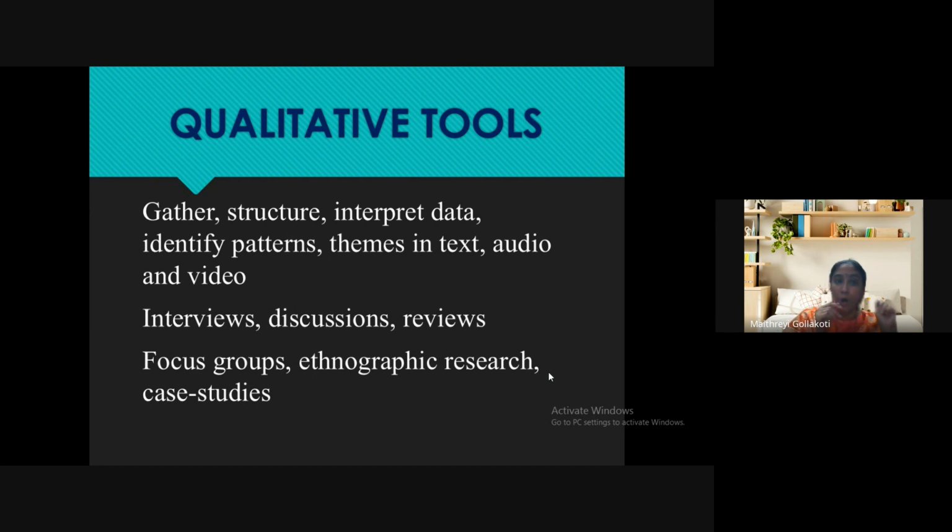Qualitative tools concentrate on gathering information. Information is needed to understand the research problem, to prove the research hypothesis. So that is why qualitative tools are used to gather information.